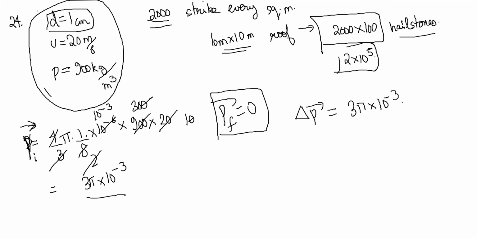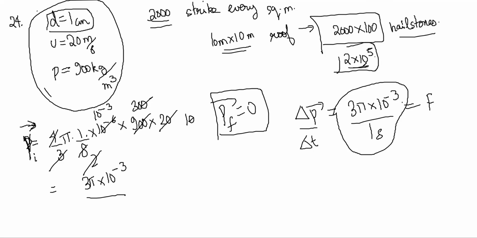And this is happening over a period of 1 second. So change in momentum by change in time, dp by dt, is average force. This is the average force due to one hailstone.